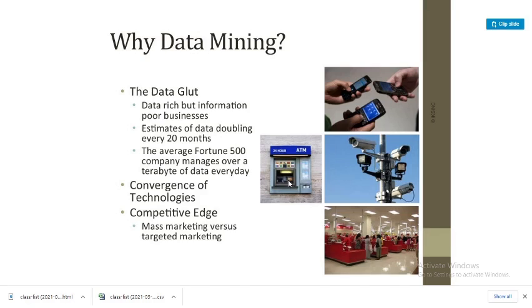Got it? This is the competitive edge: mass marketing versus targeted marketing. Mass marketing means, as I told you, people in the mass market will come and visit. Targeted marketing means, if you are lecturers, they will give an offer for you.